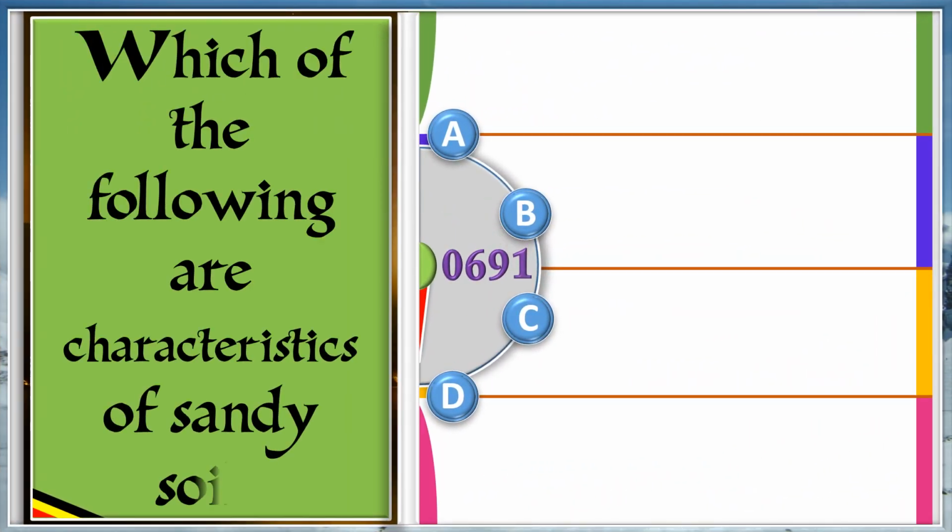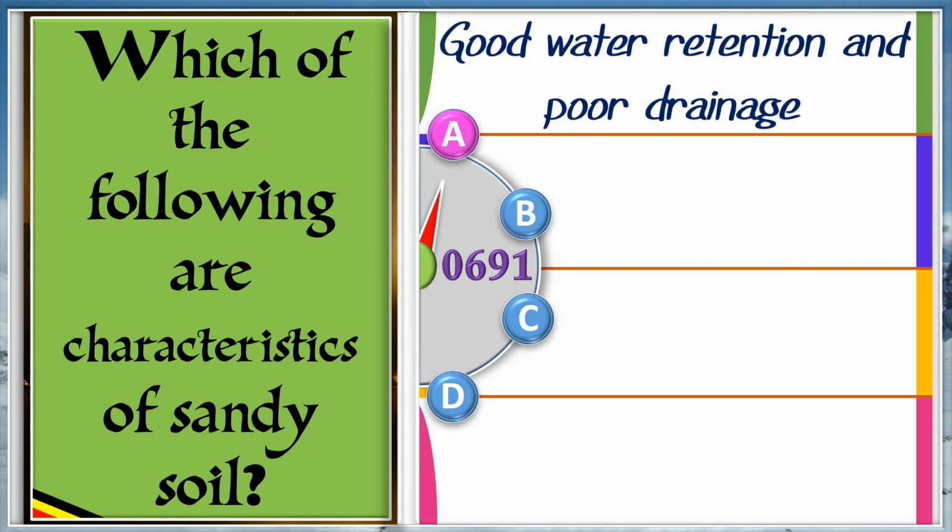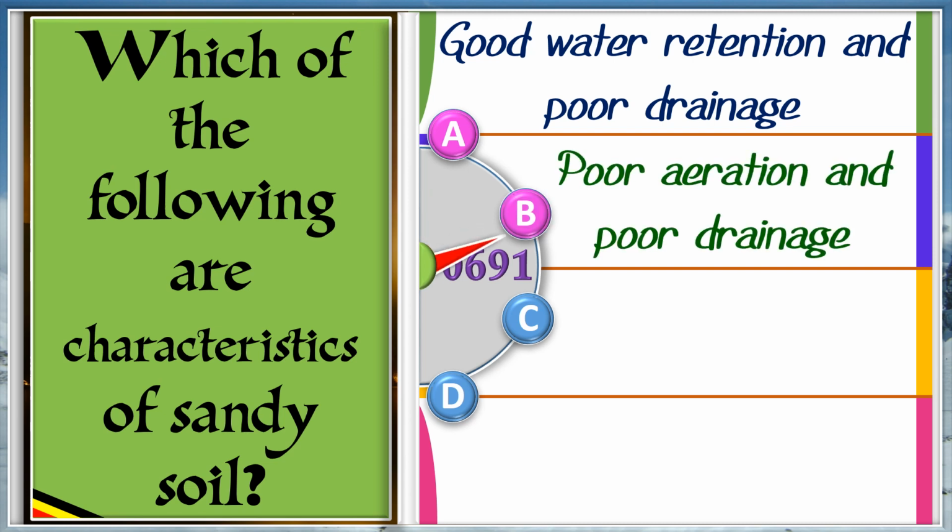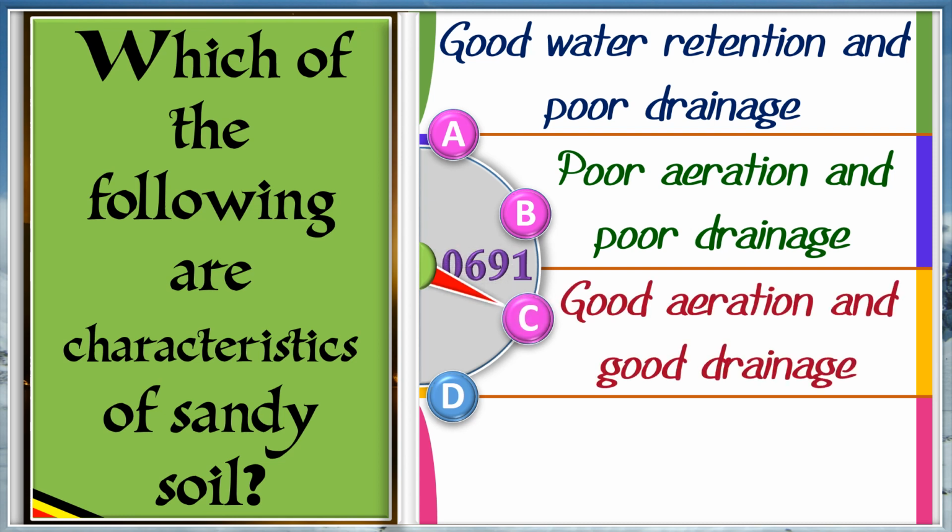Which of the following are characteristics of sandy soils? A. Good water retention and poor drainage. B. Poor aeration and poor drainage. C. Good aeration and good drainage.